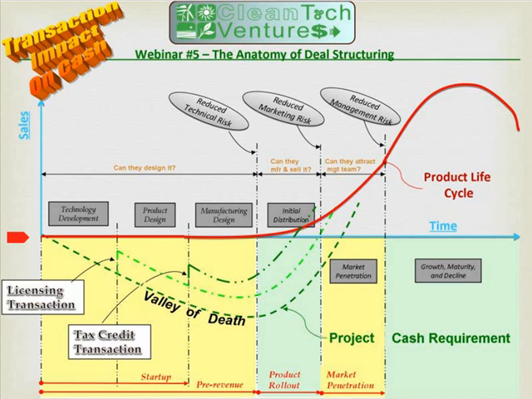As Bernie was stating, during this life cycle, until you get to the point where you're actually selling a product for the first time, somebody has to come up with all the cash that's necessary for people, equipment, facilities, and any of the development work that's going on. One of the sources for this cash may be licensing.